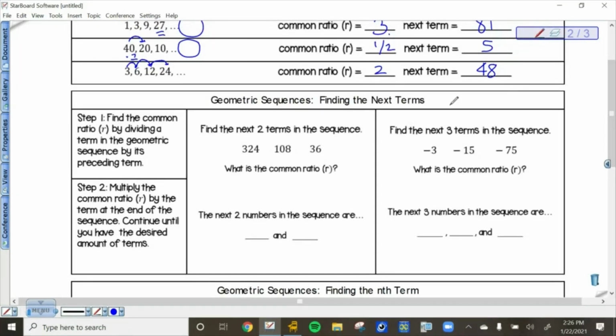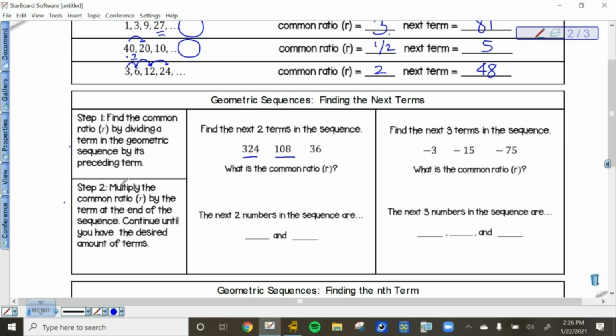So we're looking at geometric sequences, how to find the next term. There are 2 steps here. First we want to find the common ratio by dividing a term in the sequence by its previous term.